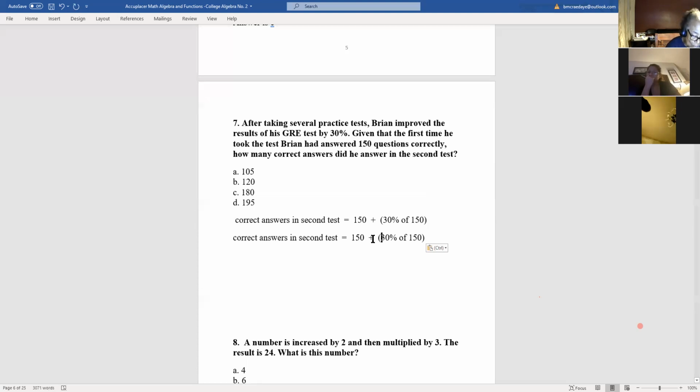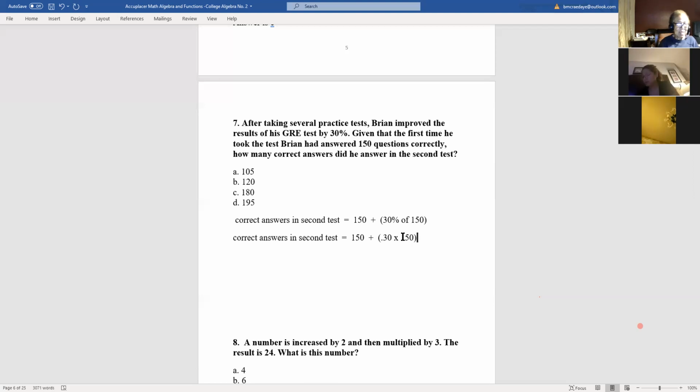So that's 0.30, taking out the percent, times 150. What's 0.30 times 150?